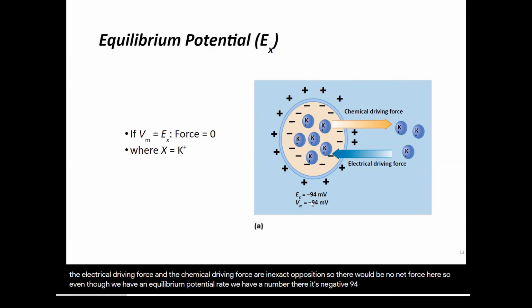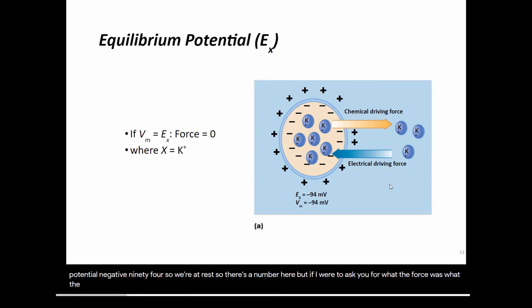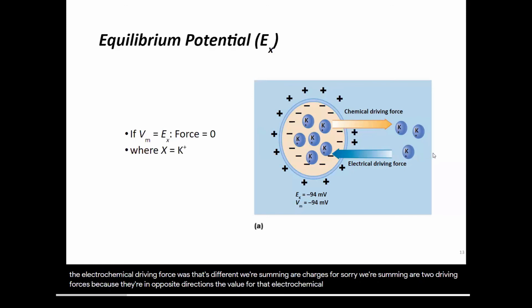That is our membrane potential, -94, so we're at rest. So there's a number here, but if I were to ask you for what the force was, what the electrochemical driving force was, that's different. We're summing our two driving forces because they're in opposite directions. The value for that electrochemical driving force would be 0.